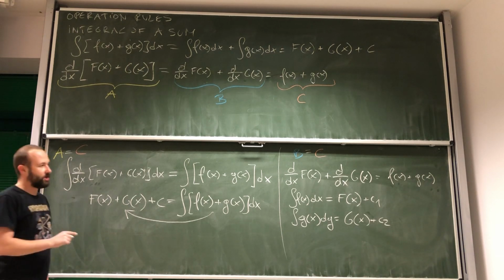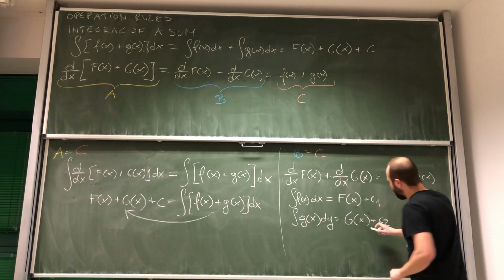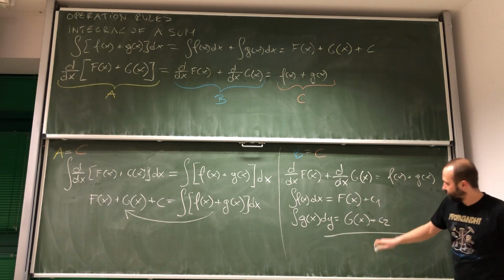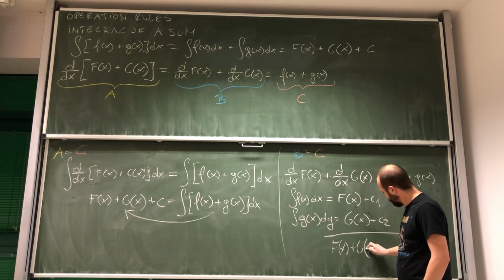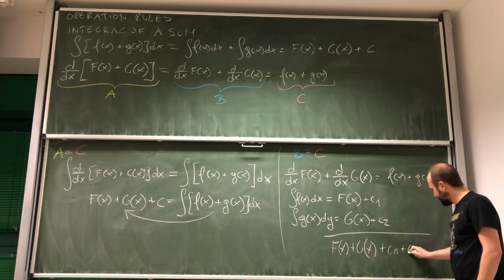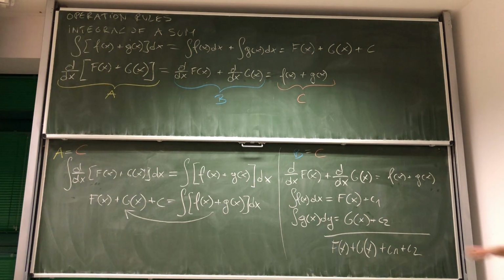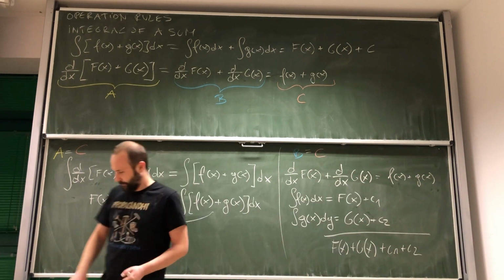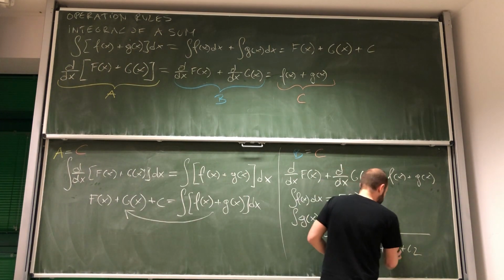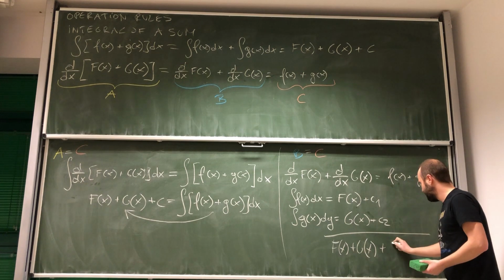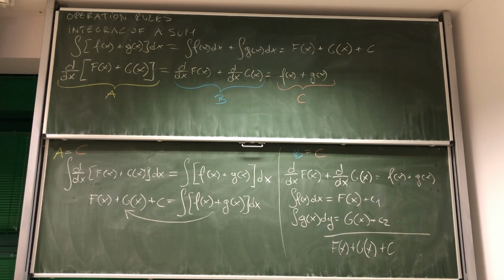Right? Okay, and look, if I now add those two up, what am I going to get? This is F of x plus G of x plus c1 plus c2. Now the question is, how much is c1? To which the answer is, of course, I don't know. How much is c2? Again, we don't know. So if I have here c1 plus c2, why not replace them with another arbitrary constant, c.